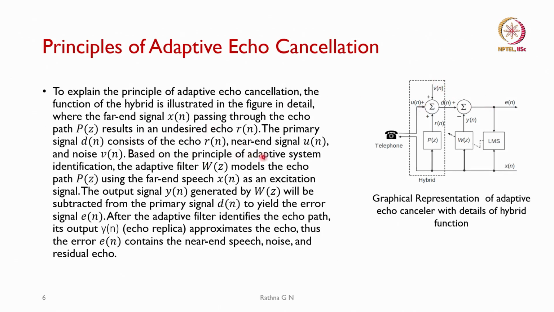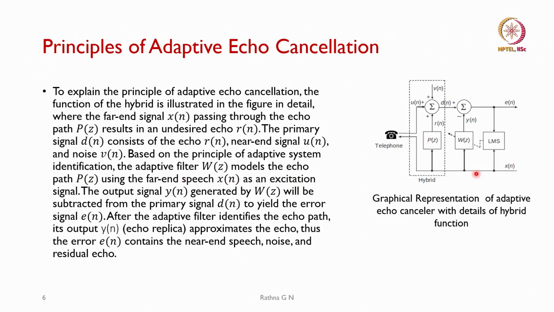Based on the principle of adaptive system identification, the adaptive filter W of z models the echo path P of z. The echo path is going to be modeled using the far end speech x of n as an excitation signal.